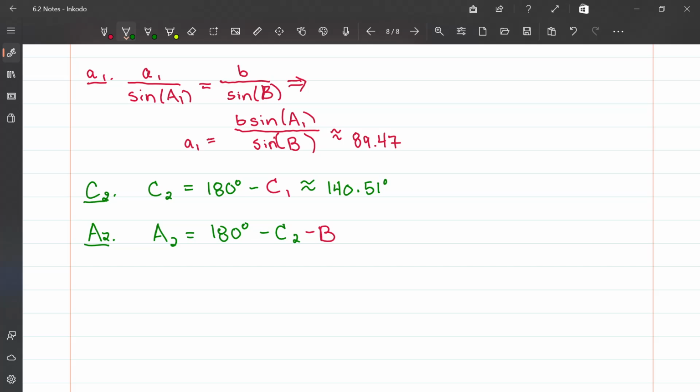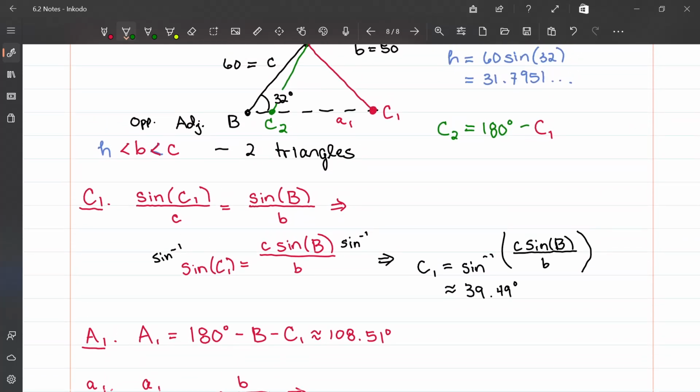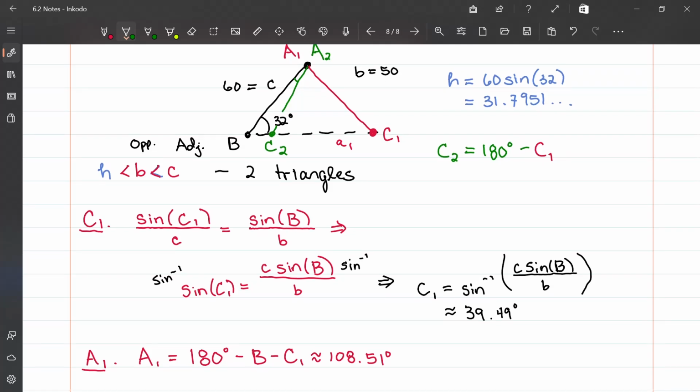We'll approximate this as well to 2 decimal places, and that gives us more or less 7.49 degrees. A very, very small angle, but actually, if we go back up for a moment, we can kind of see that up here at this corner. That definitely looks like 7 point something degrees to me.